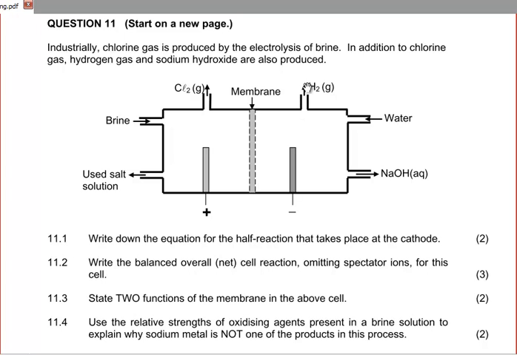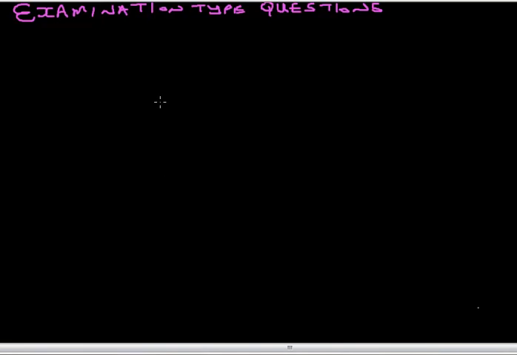We are also having the production of hydrogen, which means we are going to have the reduction of our water into the hydroxyl ions as well as hydrogen, because this is a cathodic reaction.